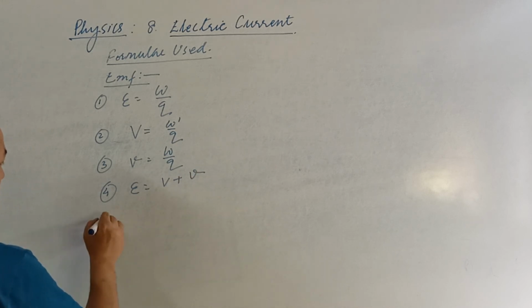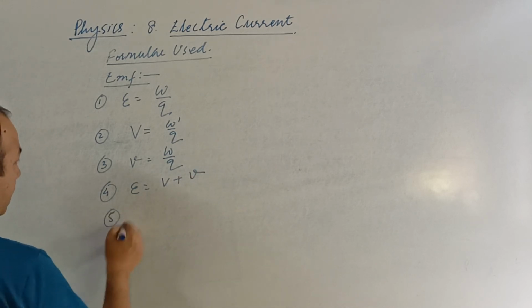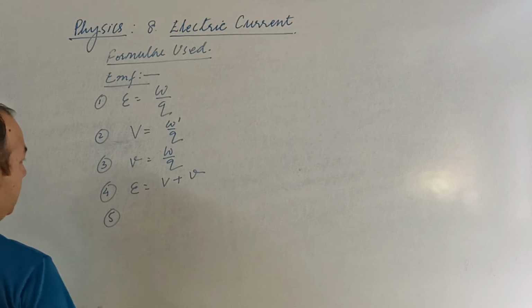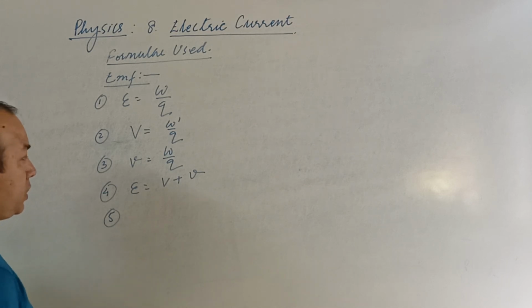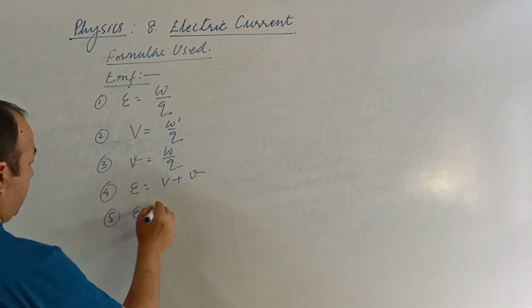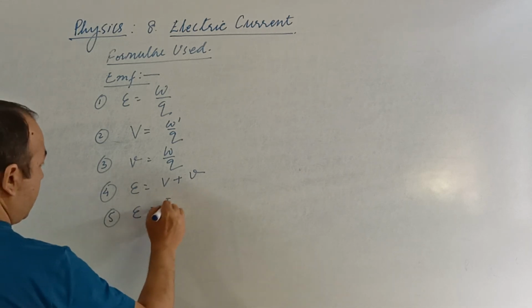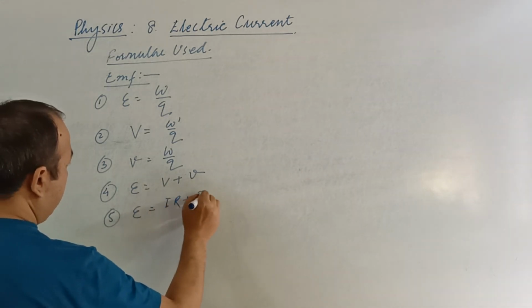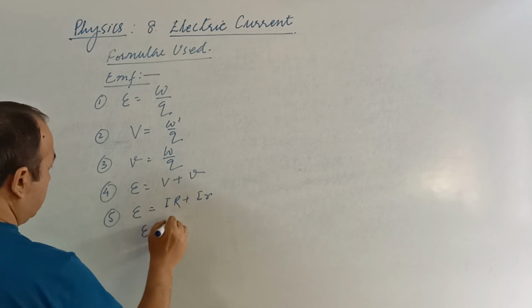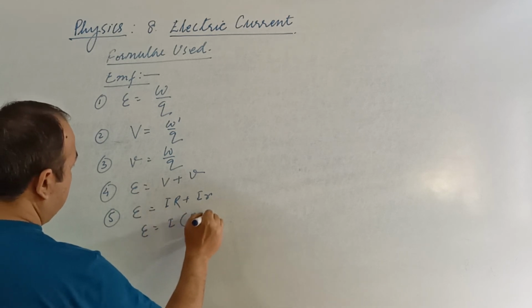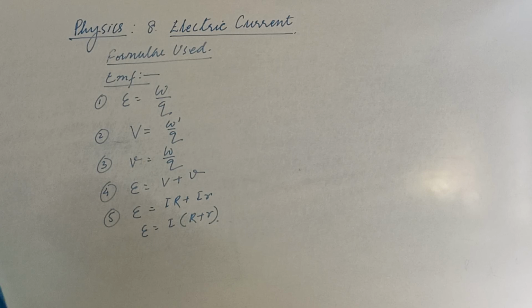Number five, if the internal resistance is small r and capital R is the resistance of the external circuit, then EMF is equal to IR plus Ir, or EMF is equal to I times capital R plus small r. So these are the formulae which you get from EMF.